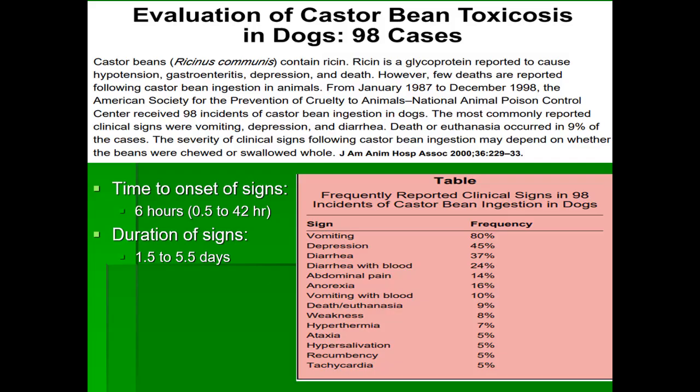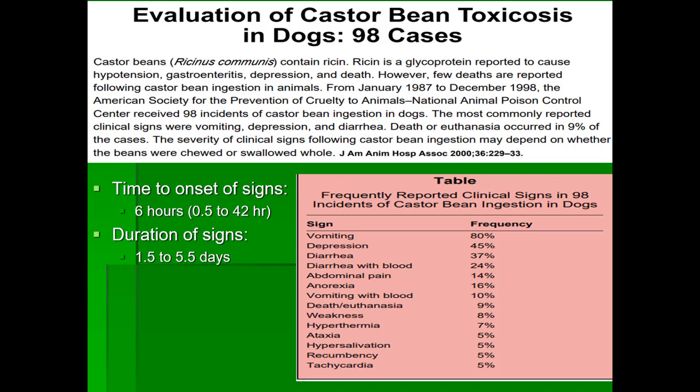Now, here is a paper that reviews cases of castor bean ingestions in 98 dogs reported to the Animal Poison Control Center in a period of 11 years. Obviously, how many beans were ingested was most of the time not known, but they say that only one bean is enough to cause clinical signs in a dog. And the most commonly reported clinical signs associated with the castor bean ingestions are listed in this table.